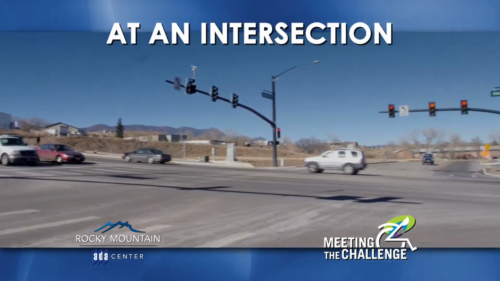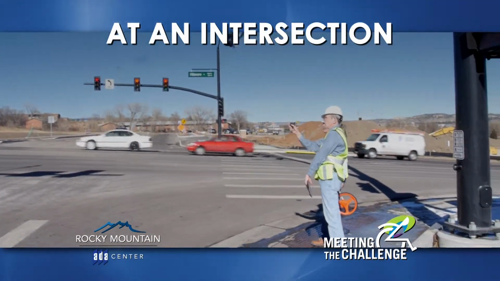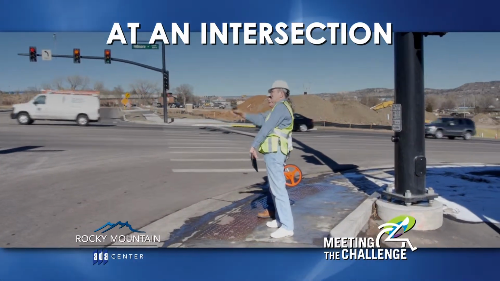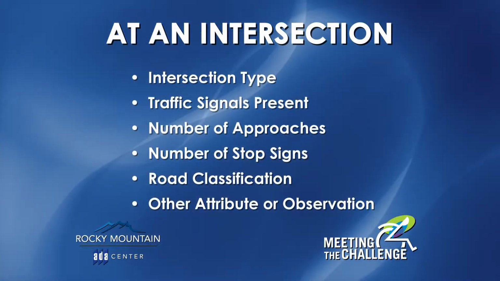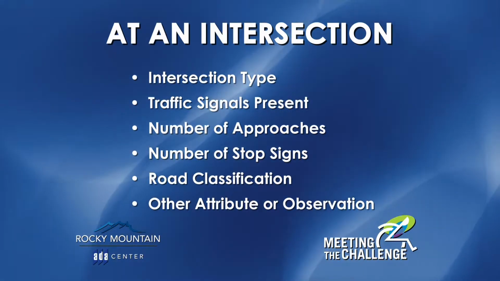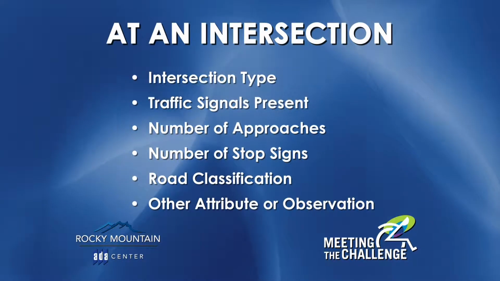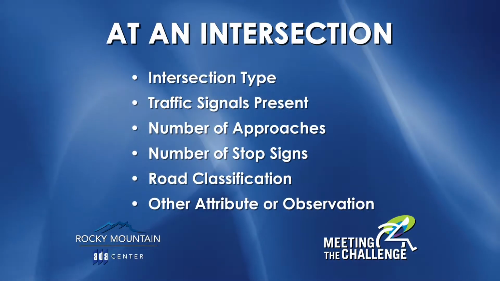The process of surveying the accessibility features of an intersection begins with general observations of the intersection, including intersection type, traffic signals present, number of approaches, number of stop signs, road classification, or other attribute or observation.